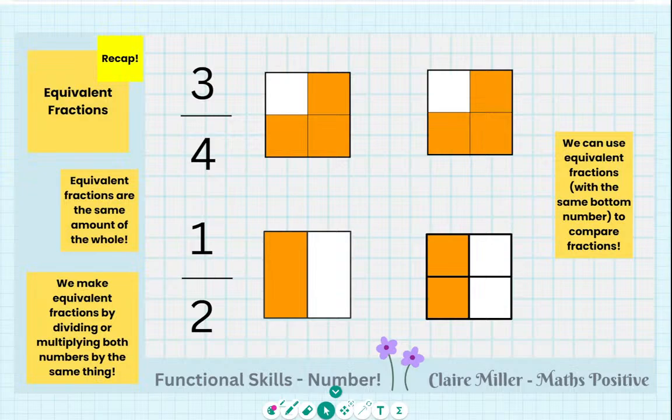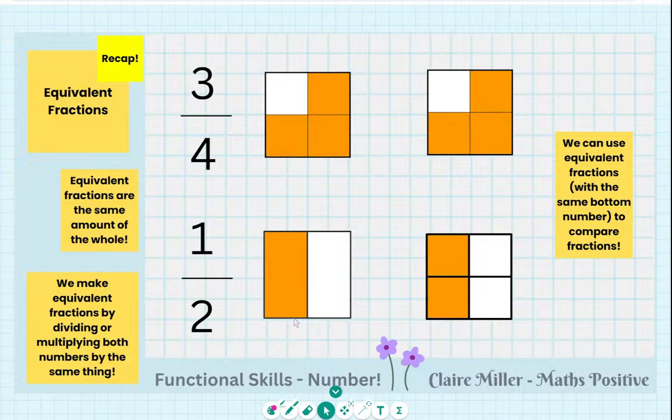So a little bit of a recap of something we thought a little bit about last time. Equivalent fractions are the same in a way. They're the same amount of the whole, okay? For example, here we've got a half of a square, which means that I've cut it into two equal pieces and I've shaded one of them in.